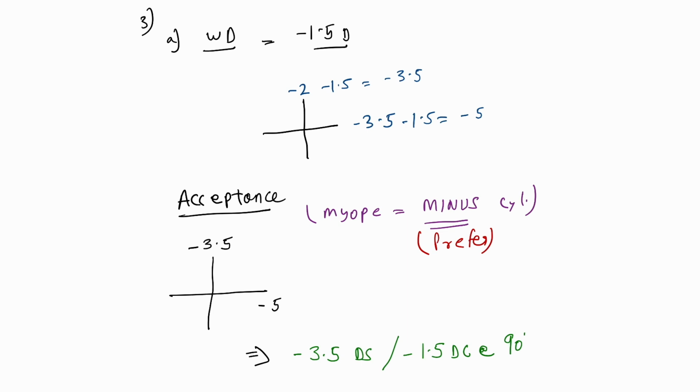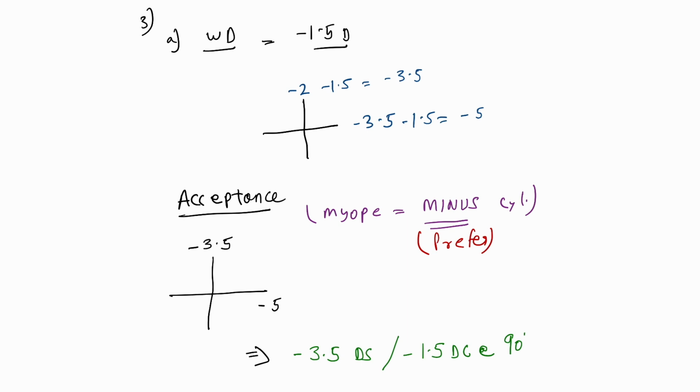From both, we will choose the sphere of lower value. If you see minus 3.5 and minus 5, algebraically 5 is the greater value. But in the vertical meridian, 3.5 is a lower spherical value than minus 5. So we will start with minus 3.5 diopter sphere. Remnant is minus 1.5 at 90 degree.